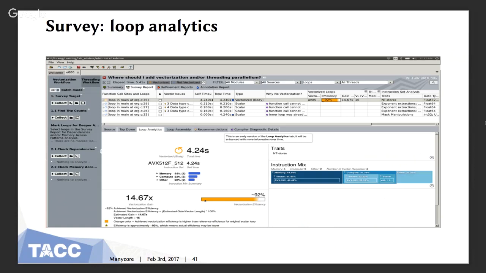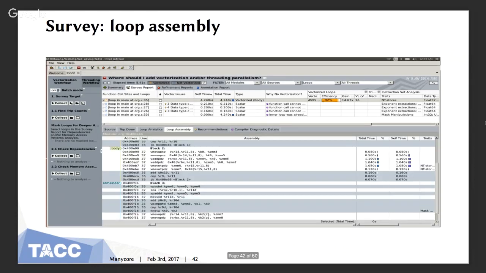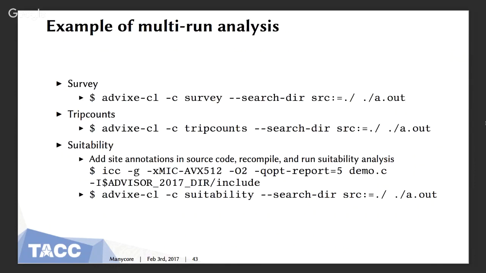Pretty crazy amounts of detail provided here. And just like in VTune, you can delve down into the assembly of given loops. There's some overlap between the capabilities of these two things.